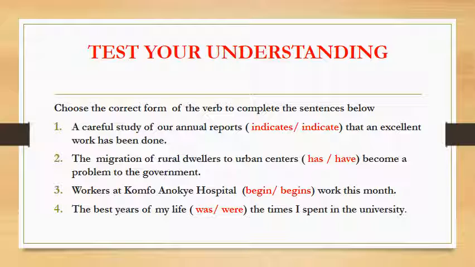Number 2, the migration of rural dwellers to urban centers have become a problem to government. Number 3, workers at Okomfanoche begins work this month. The best years of my life were the times I spent in the university.